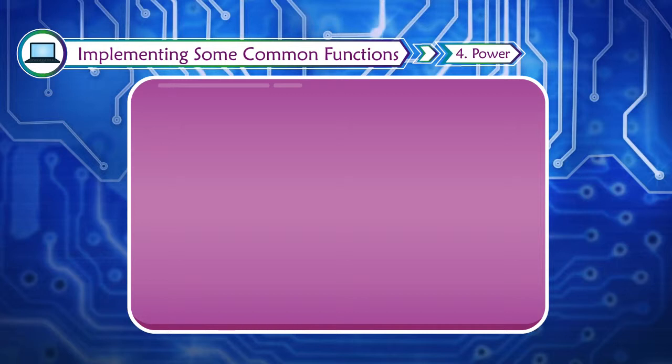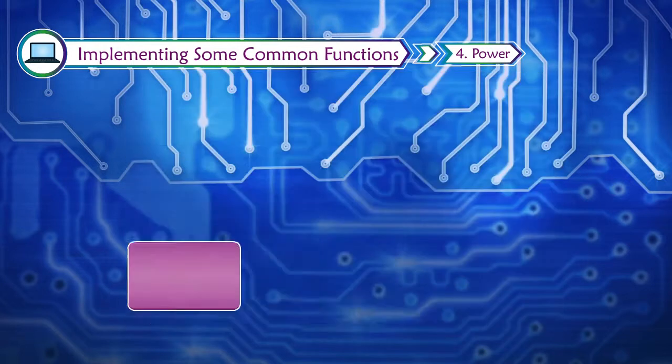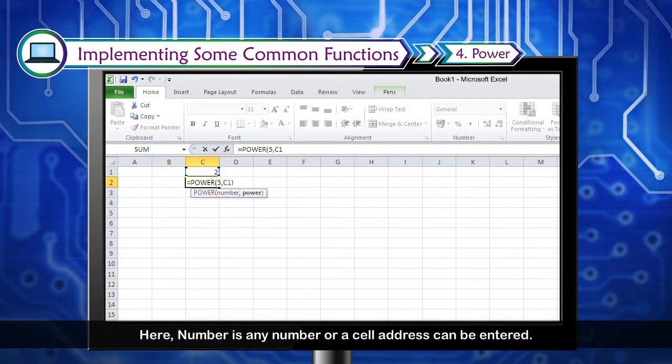4. Power. It is used to calculate the value of a number raised to a power. =POWER(number, power). Here, number is any number or a cell address that can be entered.